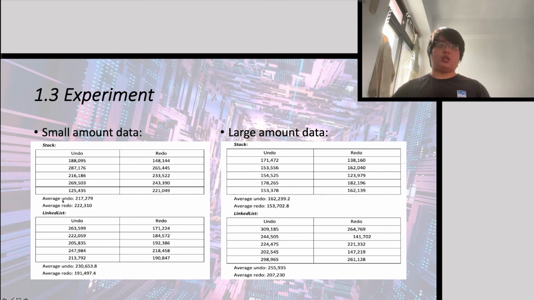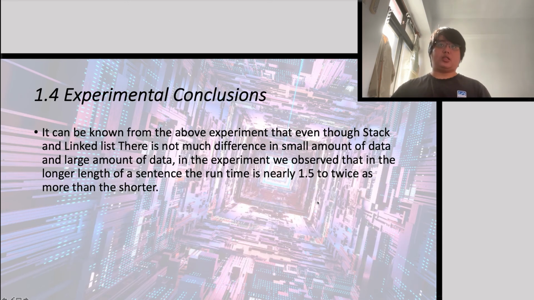So here are the average undo and average redo of the stack, and we also show the averages of the linked list, and for a large amount of data there are averages as well. So by that chart, when dealing with a large amount of data, the linked list is going to take nearly 1.5 to twice as much time as in the shorter sentence experiment.